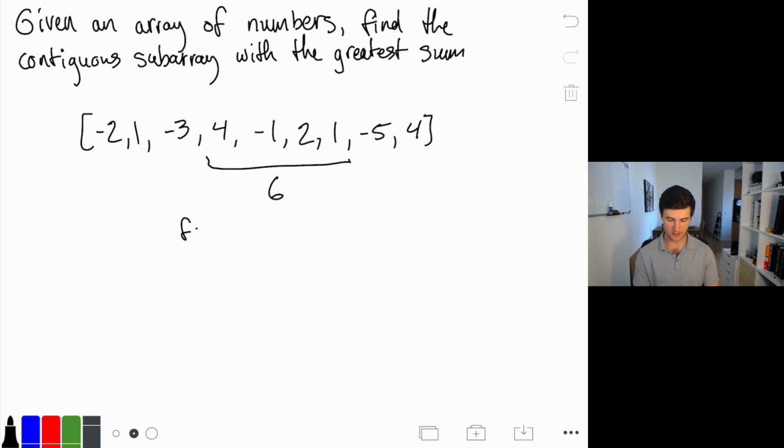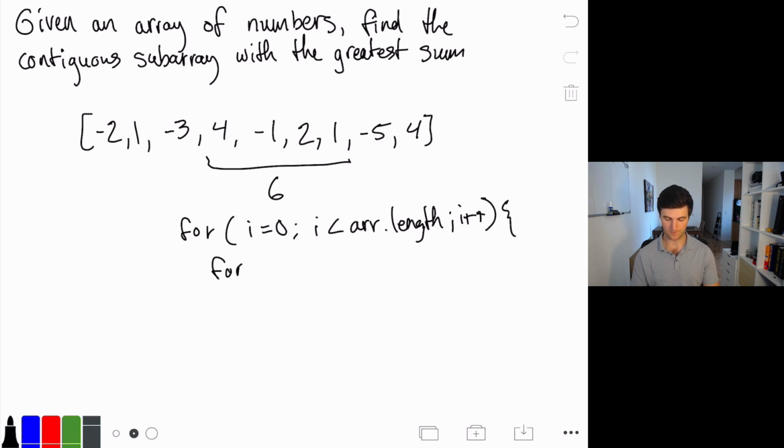We're just going to say, for i equals 0 and i is less than the length of the array, i plus plus. And now all we have to do is say, for j equals 0 and j is less than i, j plus plus.